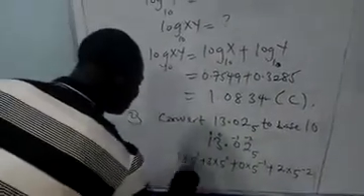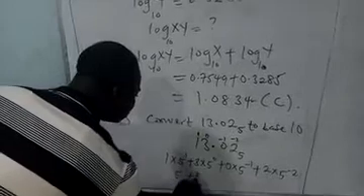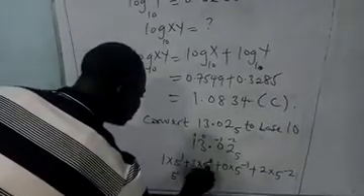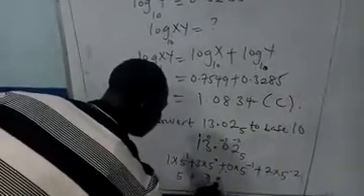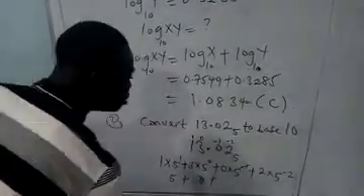So 1 times 5 here is already 5, plus 3 times, take note, anything raised to power 0 is 1. So this is 3 times 1, that is 3. Plus 0 multiplied by anything is 0, that one has gone.